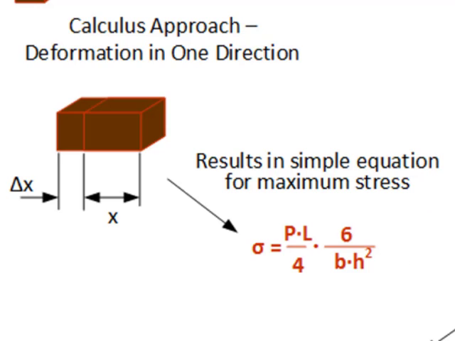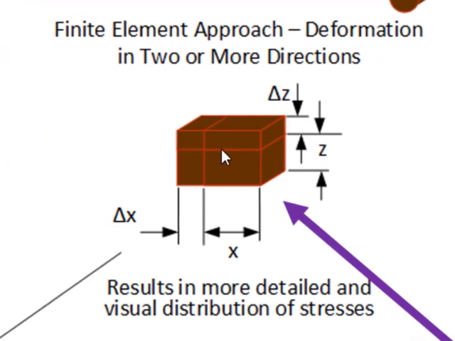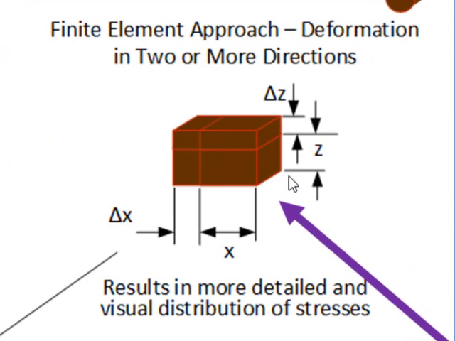Another approach, which uses the computer and something called linear algebra, allows us to analyze the same beam in more than one axis. In this case, the x, z, and even the y if we so desire. This finite element solution is similar to the calculus in that it's looking at a small piece of material.